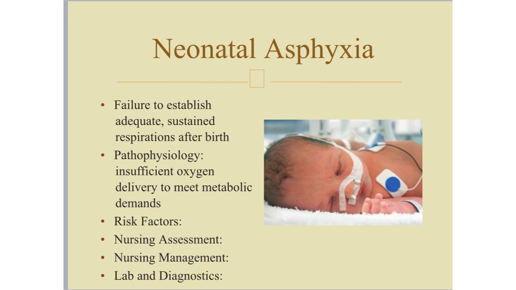We're going to check their blood sugar so that we can tell if their sugars are dropping. We also will keep a close eye on them for cold stress. So if we can keep them warm, hopefully we won't see that. We may also draw some other labs on them as well. We're going to support the parents and let them know what's going on.